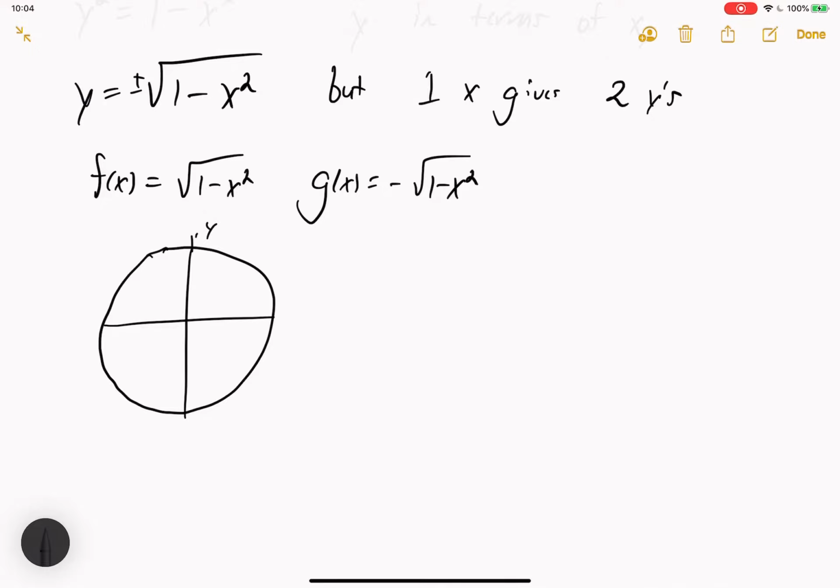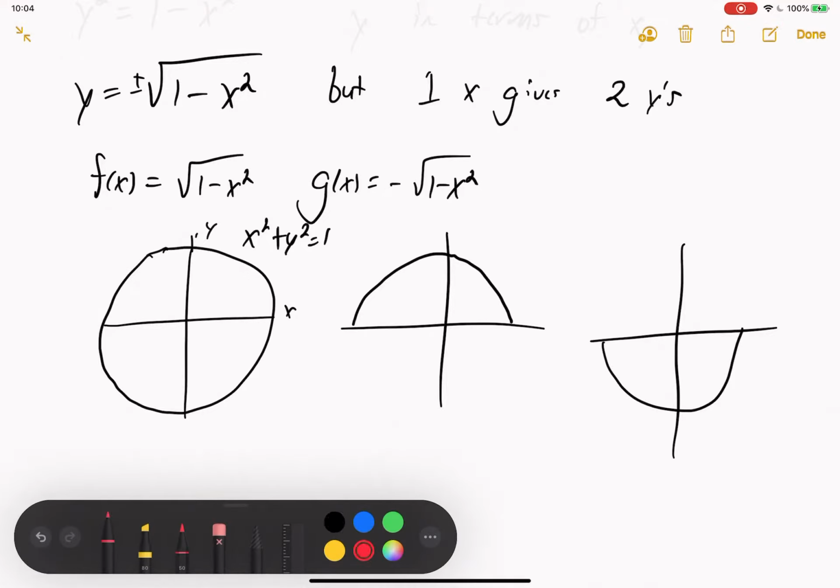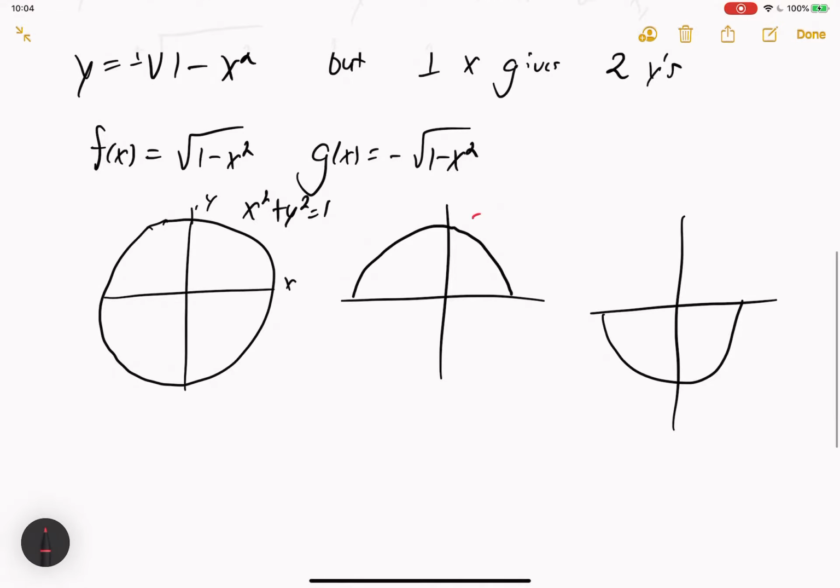This will be y, this will be x. So this will be x squared plus y squared is equal to 1. If we look at f of x, it will be the top piece. g of x will just be the bottom piece. Let me mark them better for you guys. This one will be f of x, and this will be g of x.